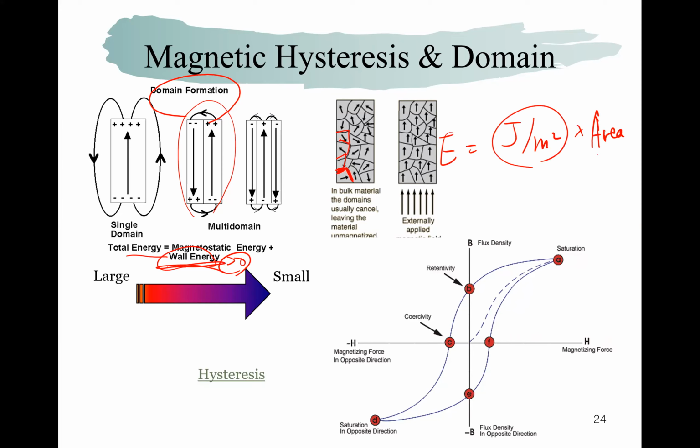So for a given domain wall energy, the system wants to reduce the domain wall surface area. You can imagine a bubble. When you make a soap bubble, it forms a sphere shape. Why does it form the sphere shape? Because it wants to reduce the total energy, because the surface energy of a bubble is usually positive, so it tries to reduce the total surface area.